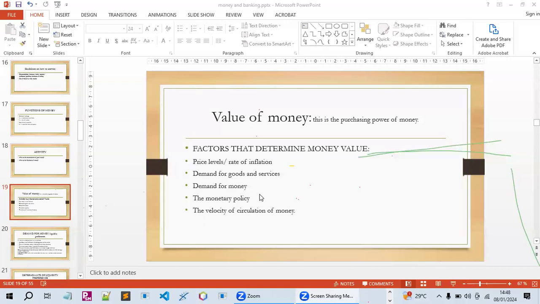And the monetary policy is restrictive or expansionary. Restrictive policy reduces the money supply in the country, and by reducing the money supply, it increases the money value, because the money will be scarce. That is one of the characteristics of good money. Good money should be scarce. And when it's scarce, it increases the money value.